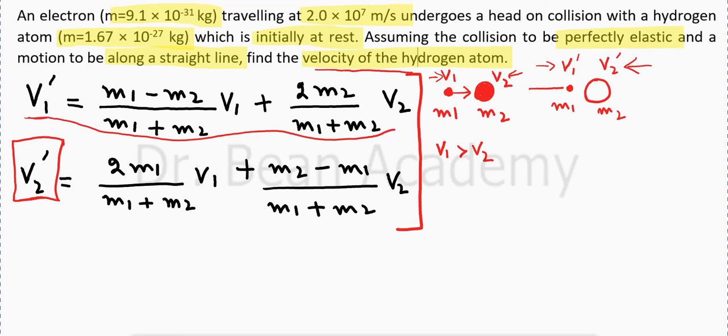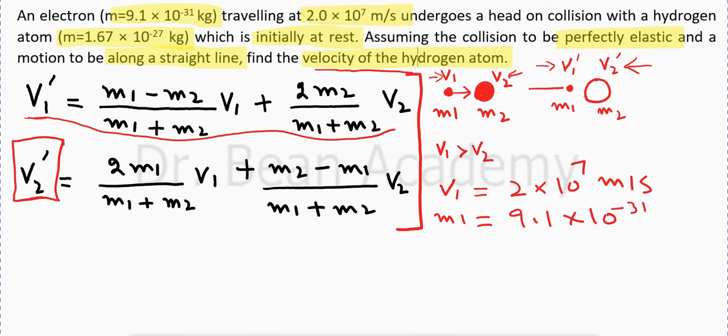So let's write the data. v1 equals 2 × 10^7 meter per second. This is the velocity of the electron, our mass m1. Similarly, its mass m1 equals 9.1 × 10^-31 kg.